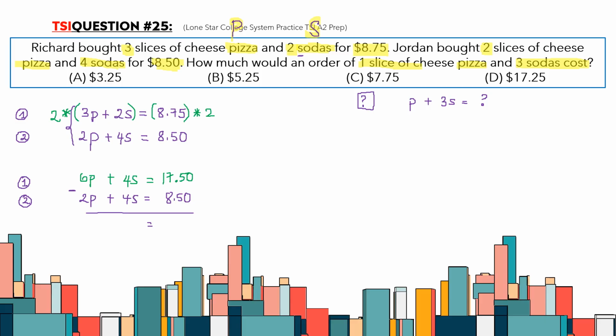So 6P minus 2P is 4P. 4S minus 4S is 0S. 17.5 minus 8.5, that's 9.